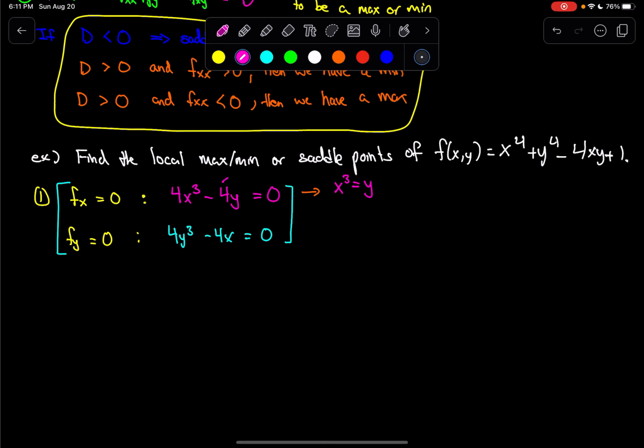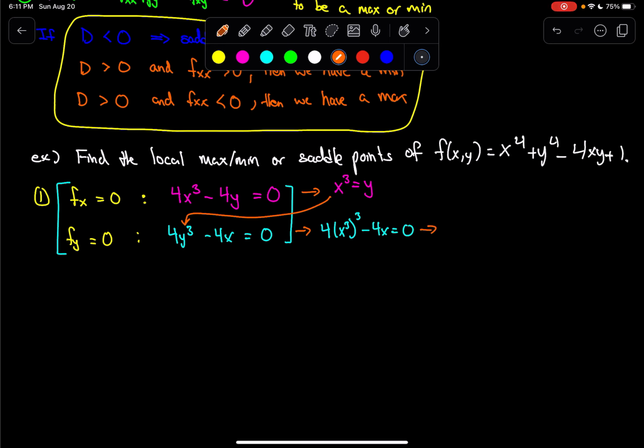If I add the 4y to this side and then divide by 4, I get that equation. And I'm going to plug it in over here for y, because again, I need both of these to be the same. So we're going to get 4 times x cubed minus 4x is equal to 0.